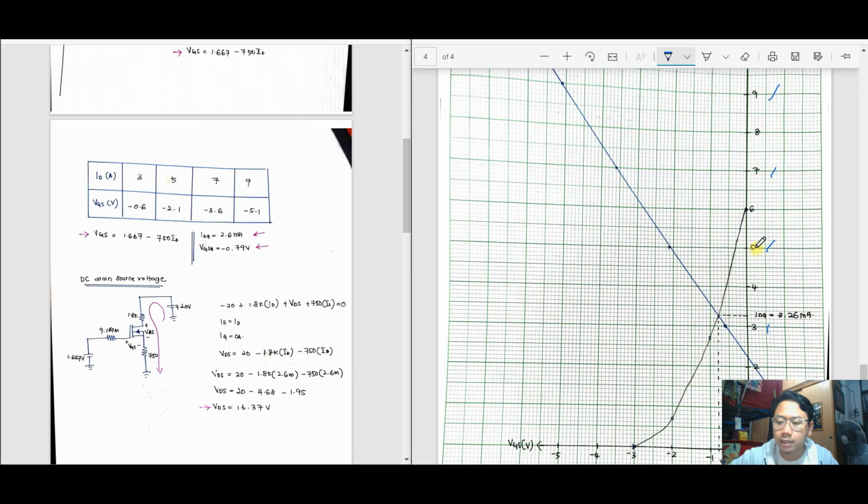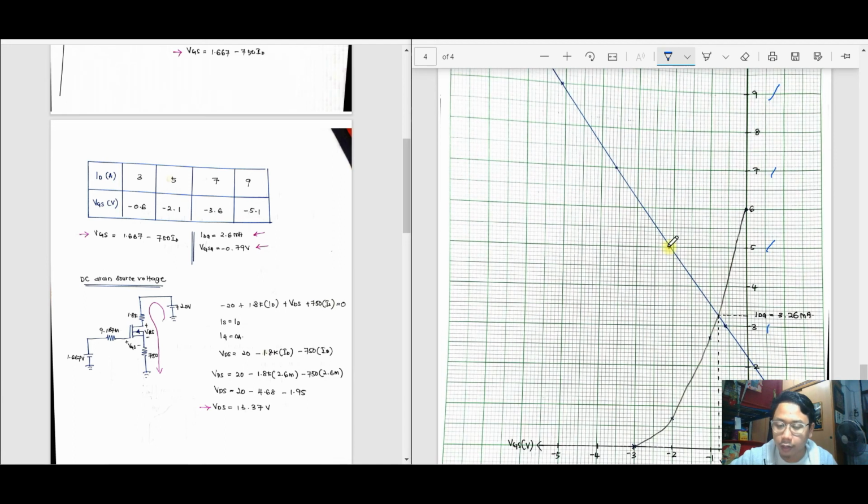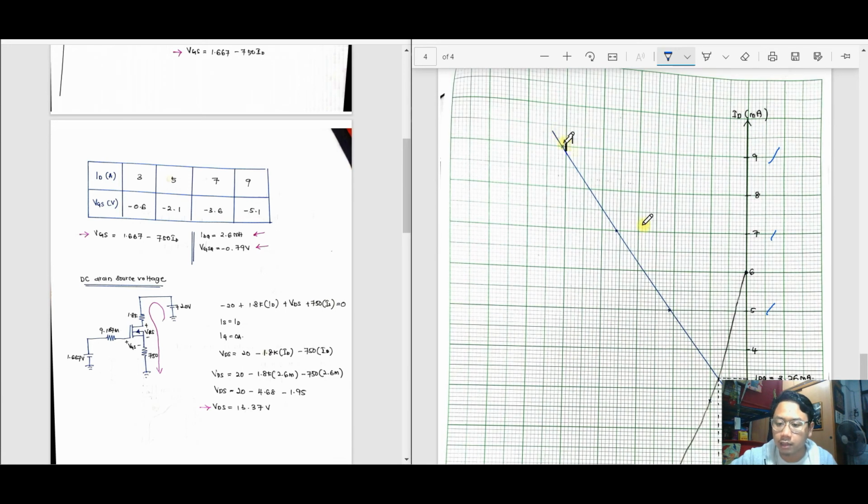And when ID is 5, the value of VGS is negative 2.1. When ID is 7, the value of VGS is negative 3.6. And when ID is 9, the value of VGS will become negative 5.1 here. After we plot all these points, just connect all the plotted points and you will obtain this linear line.